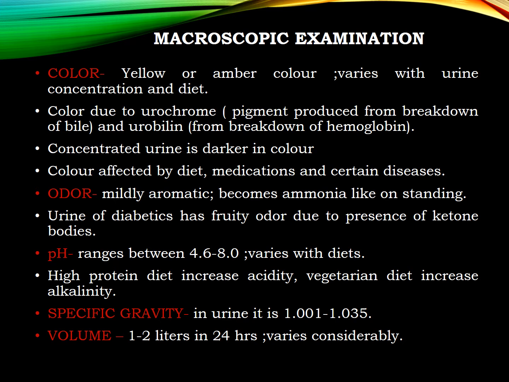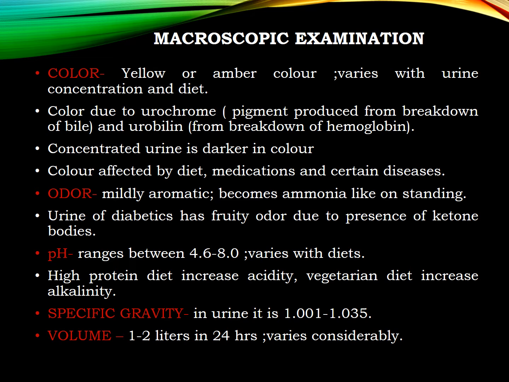Urochrome is a pigment produced from the breakdown of bile, and urobilin is produced by the breakdown of hemoglobin. Concentrated urine is darker in color, and the color is affected by diet, medications and certain diseases. These all cause changes in the color.